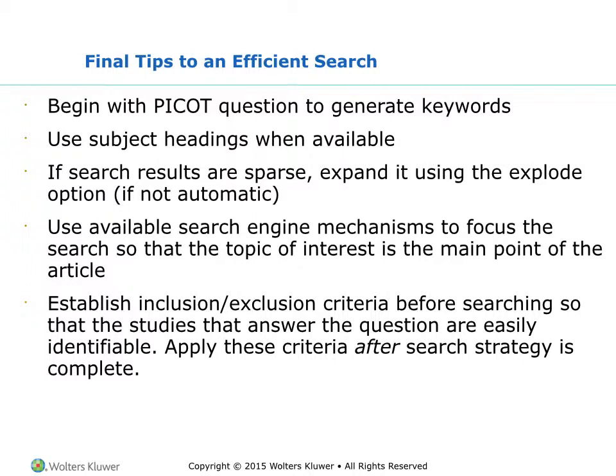So to wrap things up, remember that we have to have a good PICO question before we start our search. You can use subject headings when they're available if keywords are not working for you. If you're not getting enough literature, you can broaden your search or remove limiters, or you can try the explosion options on the databases.